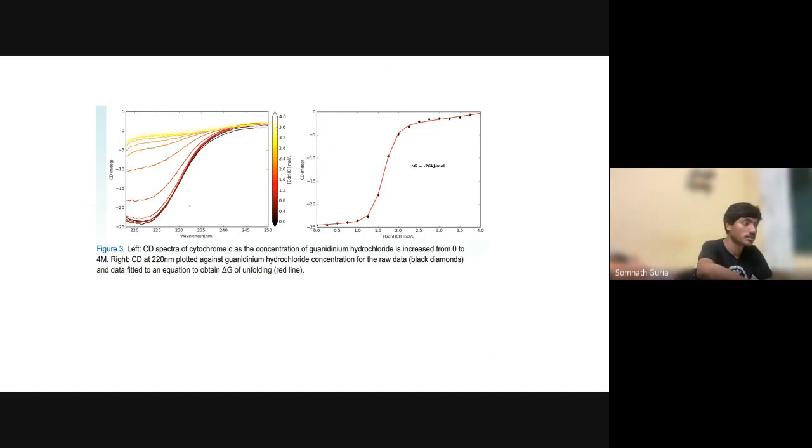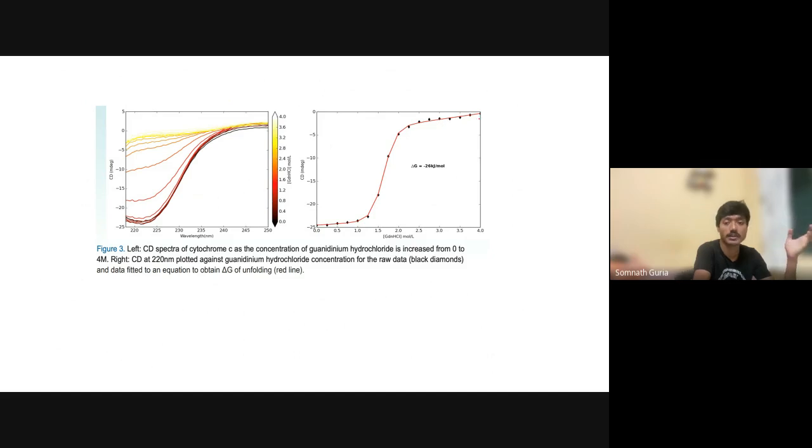You can see there is an alpha helical structure here for cytochrome, where the maxima is around 222 nanometers. They fixed the wavelength, measured the ellipticity at each point of guanidinium hydrochloride addition, and recorded the data. They found this sigmoid kind of data, and after a certain concentration of guanidinium hydrochloride there is no further change.